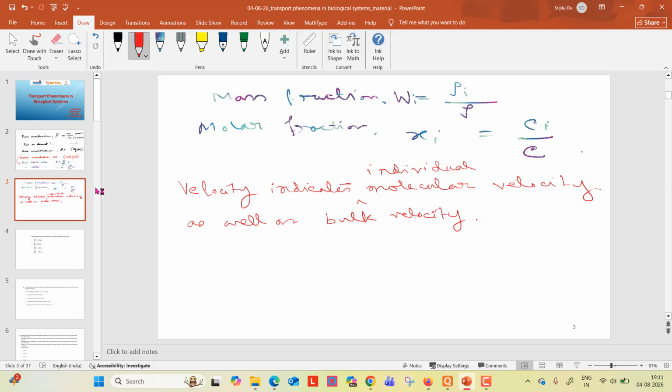So we will define average velocity. Bulk velocity is the average velocity only.